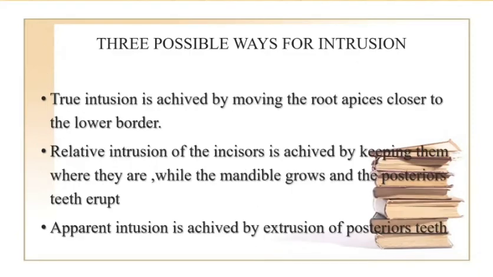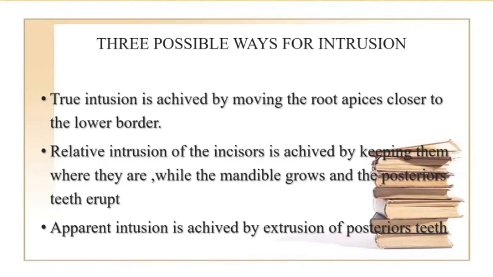And coming to how to manage the intrusion. Usually we can do intrusion in three possible ways. First is true intrusion, relative intrusion, and apparent intrusion. What is true intrusion? How do you achieve true intrusion? True intrusion is achieved by moving the root apexes closer to the lower border.